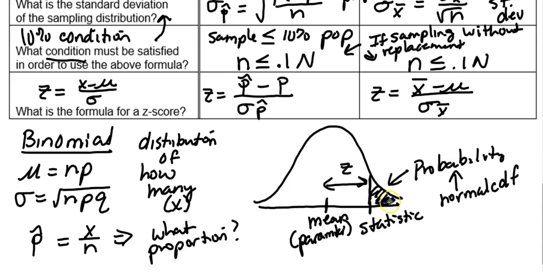The probability here, the area under the curve, is the probability of getting this statistic or something farther to the right if all of my given information is true. The z-score just tells me how many standard deviations between the mean, which is the parameter, and the statistic. So that's how you would calculate the z-score for each of these sampling distributions.